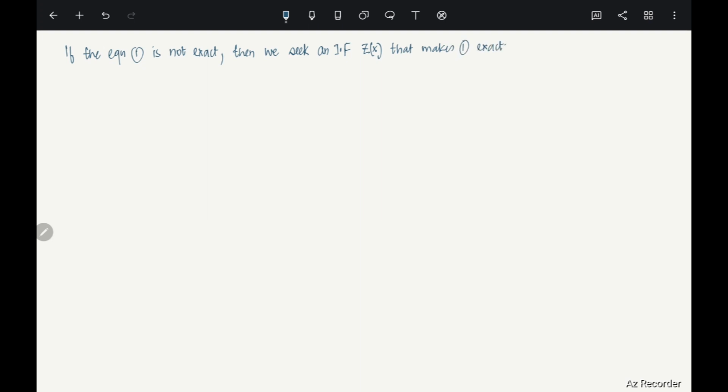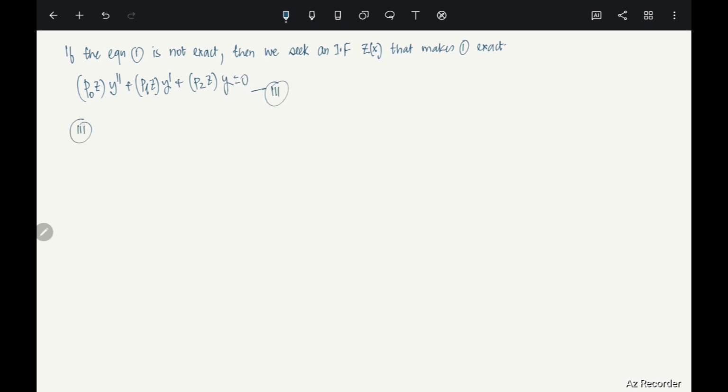So you understood the idea. 1 is not exact, but can we make it exact? We don't know whether such a thing happens or not, so we assume there is a z such that when you multiply the equation with z, the equation becomes P naught of z y double prime plus P1 of z y prime plus P2 of z y equals 0. Let's call this 3.